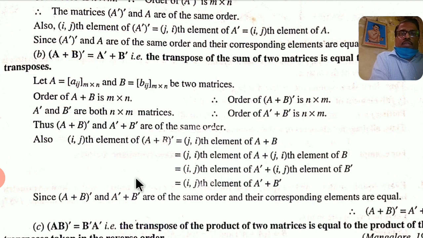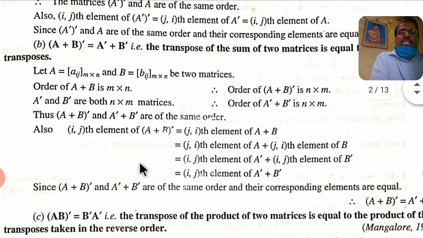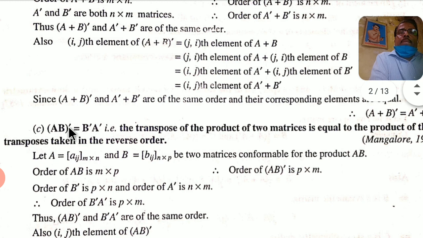These are the two properties, and the next property we have is AB whole dash is equal to B dash into A dash. That is, the transpose of the product of two matrices is equal to the product of their transposes taken in the reverse order.